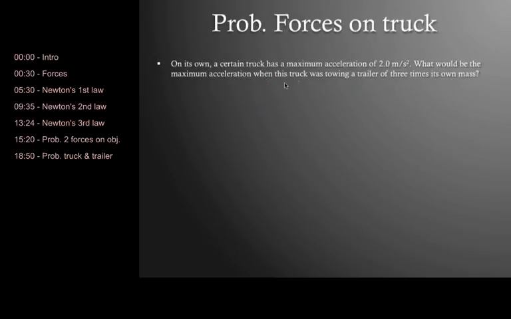Here we have a truck that has an acceleration of 2 meters per second squared. So let's go ahead and draw my truck. Alright, and it's going to be accelerating at 2 meters per second squared.